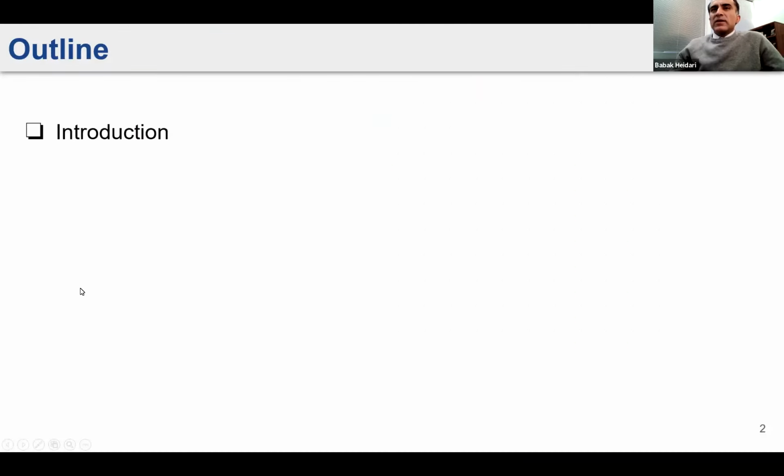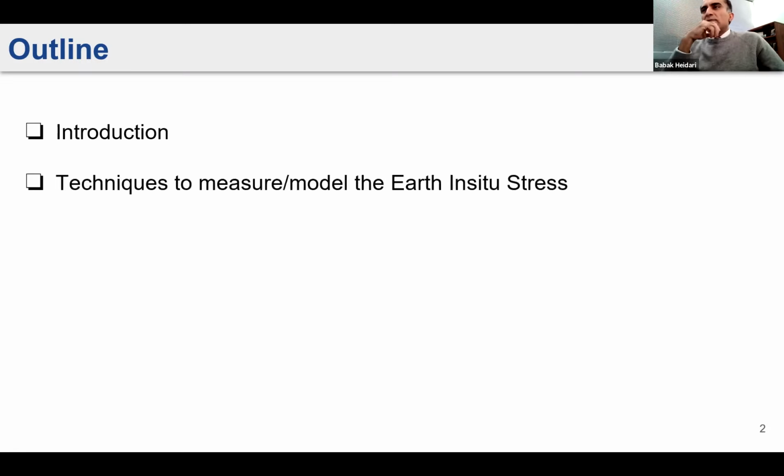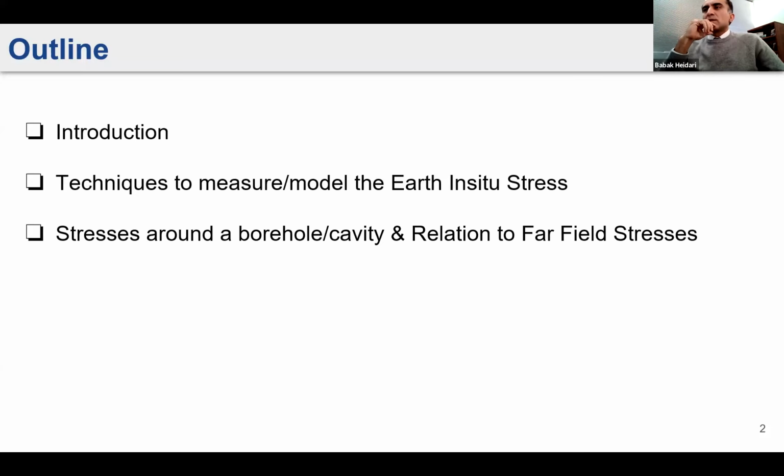So I will start by providing an overview: what the far-field stresses are, what their components are, and where they fall in the geomechanical modeling big picture. Then I will introduce different techniques to measure or estimate the far-field stresses, and the discussion will continue around borehole and cavity stresses and their relation to the far-field stress.